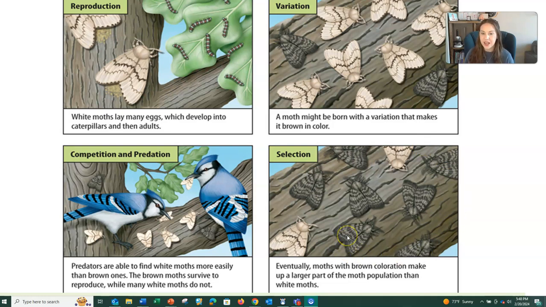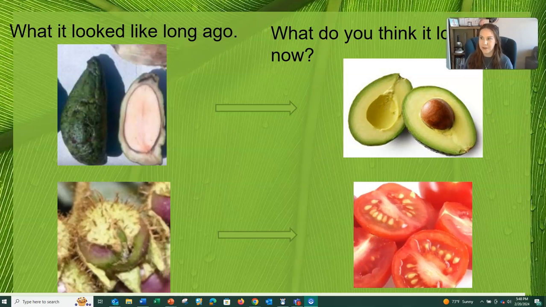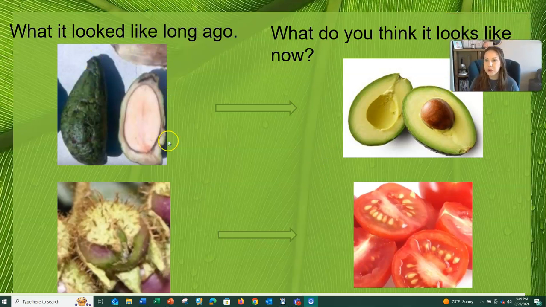Okay? This doesn't just happen naturally, okay, but we can also do genetic engineering and genetic modification to make this stuff happen as well. So for example, this is what an avocado looked like a long time ago. See how it's mostly pit and not a lot of actual fruit in it, okay?